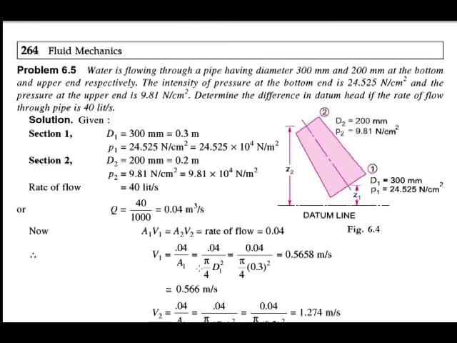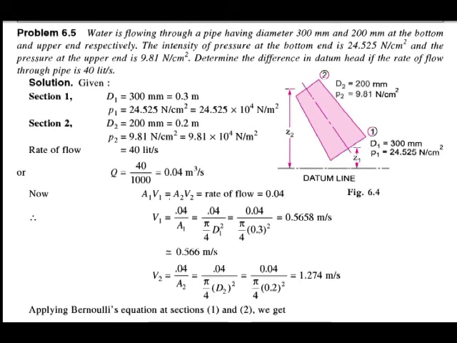For calculating the velocity, the formula for the rate of flow, the discharge, Q is equal to AV. Rate of flow is equal to area into velocity. We know that the discharge value is 0.04.